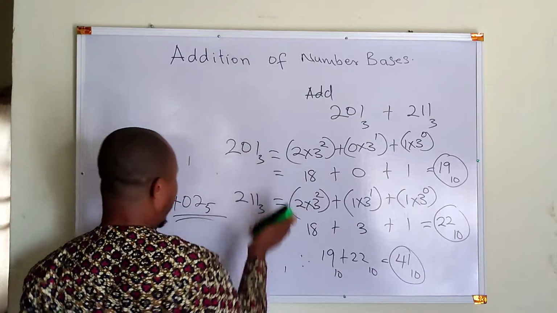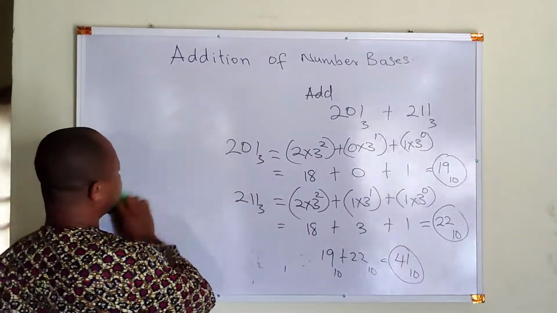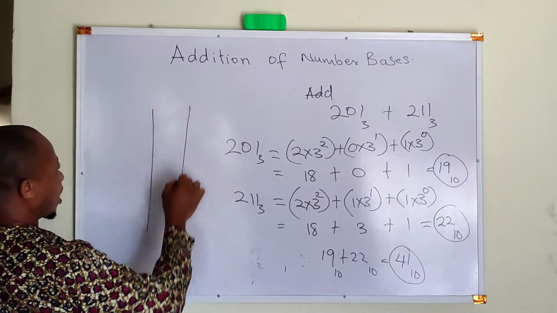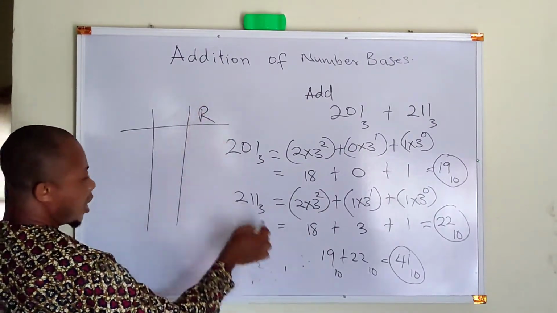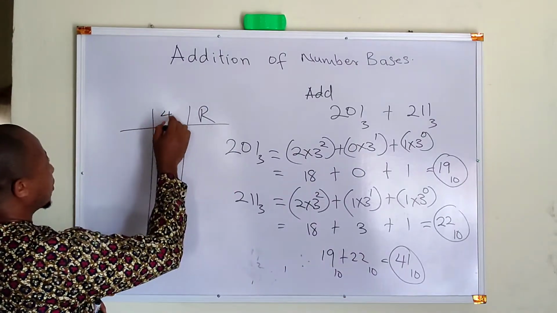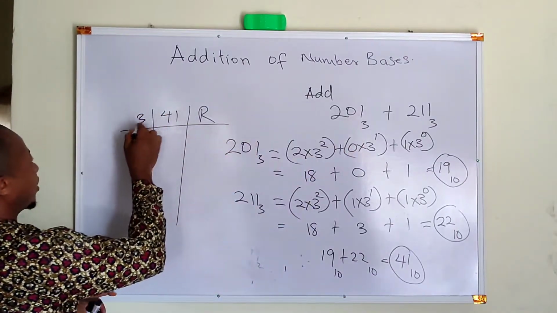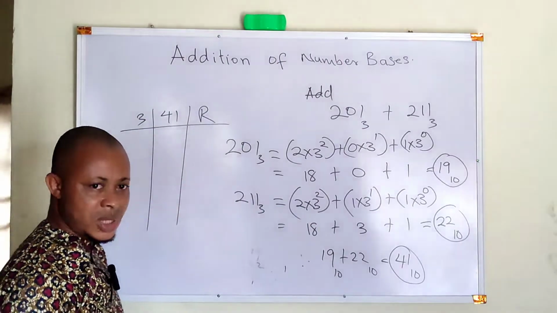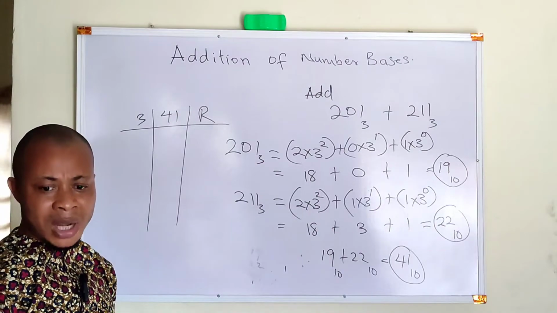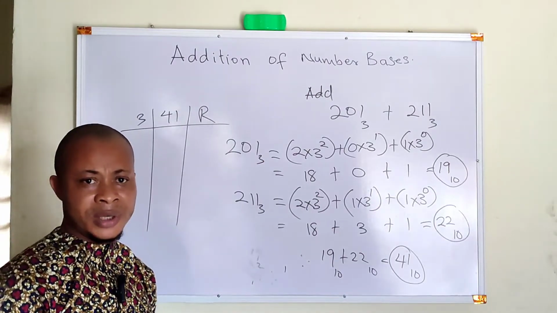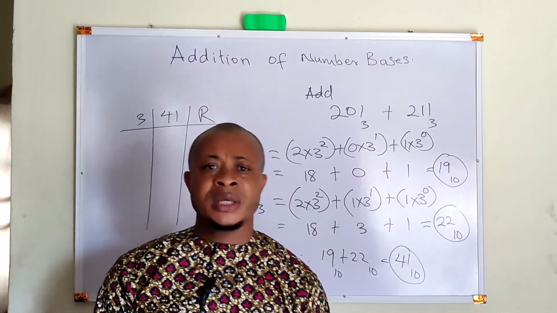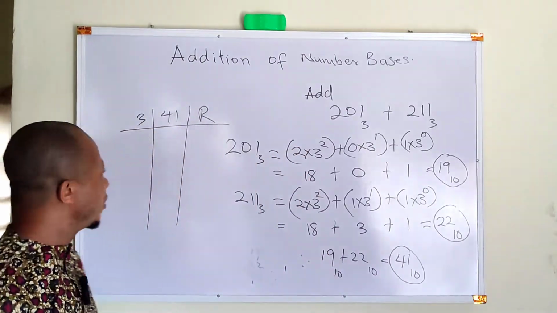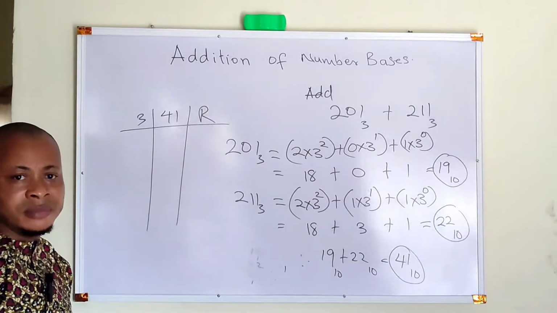Okay, so to do that, we simply use our division process, which says draw your line, draw another line here. This is our remainder. We are dividing 41 and we are dividing it by 3. Okay, let us see how we can divide 41 by 3. 3 times 6 will give us 24.